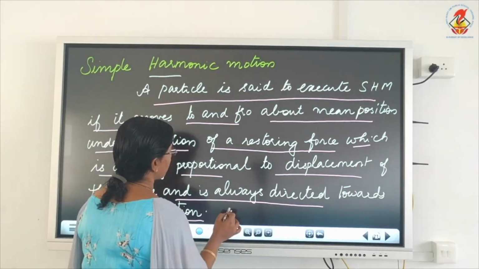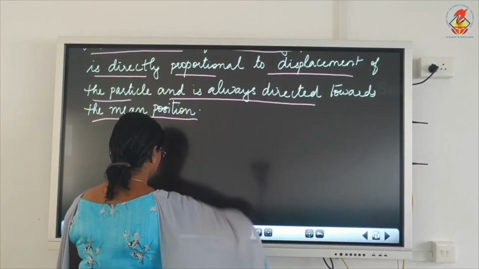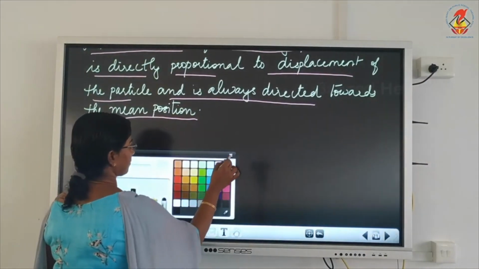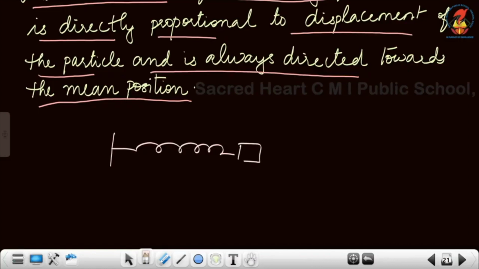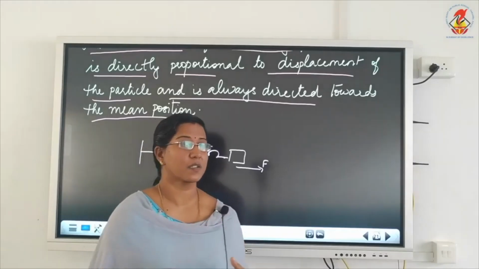We will take the example of spring itself because you are familiar with spring. Now imagine you have a spring and there is a mass attached to it, and you apply a force to the spring in this direction. So what will happen? The spring will get extended, isn't it? Now what happens internally to the spring?